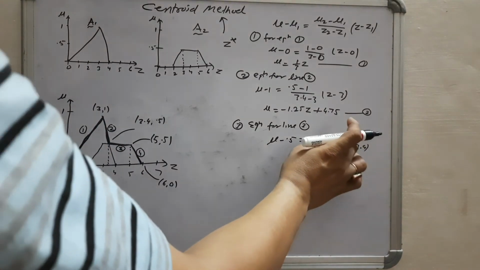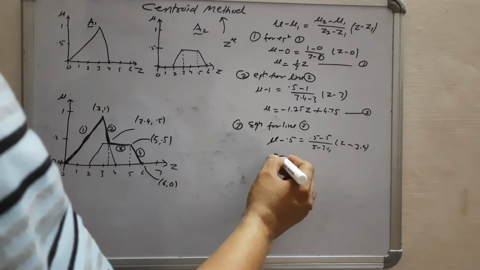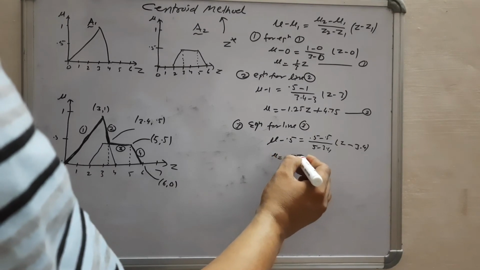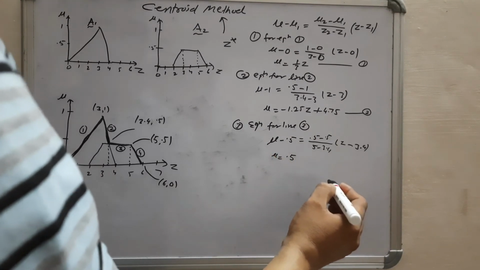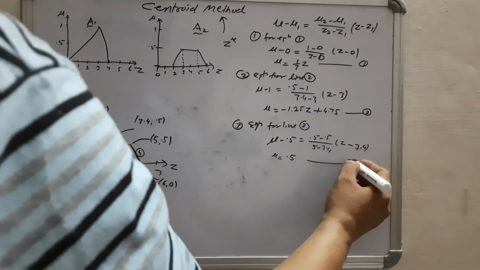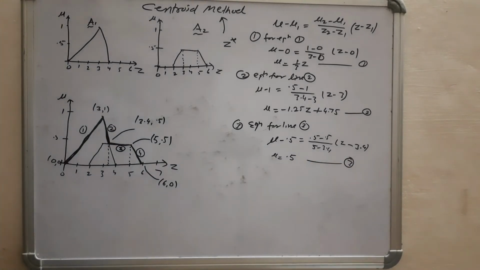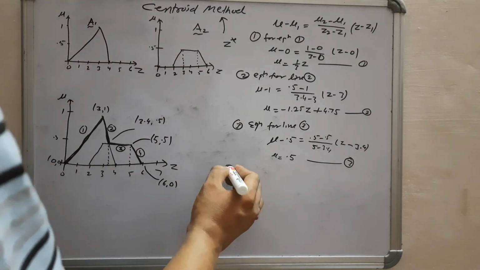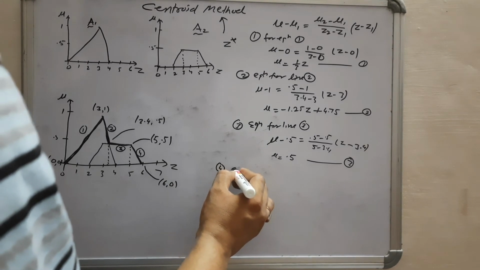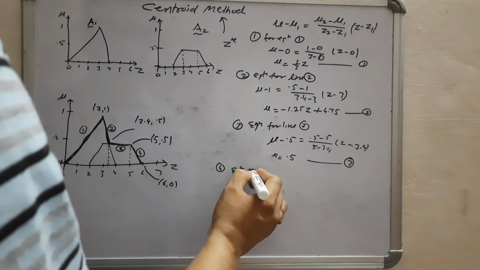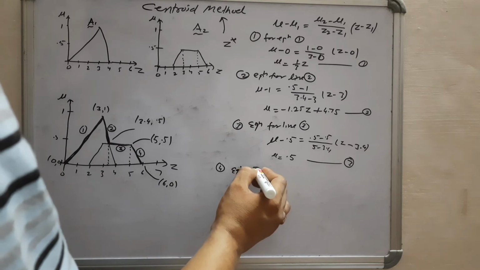So this factor is 0, so mu equals 0.5 only. So this is the line equation of the third line. Then the line equation of the fourth.